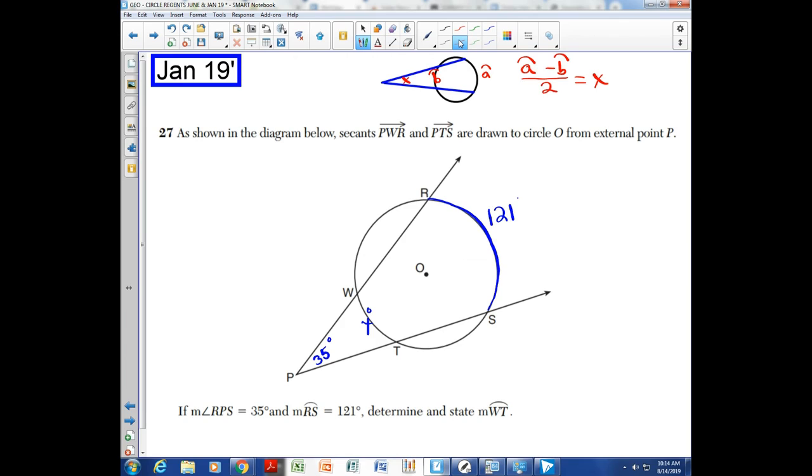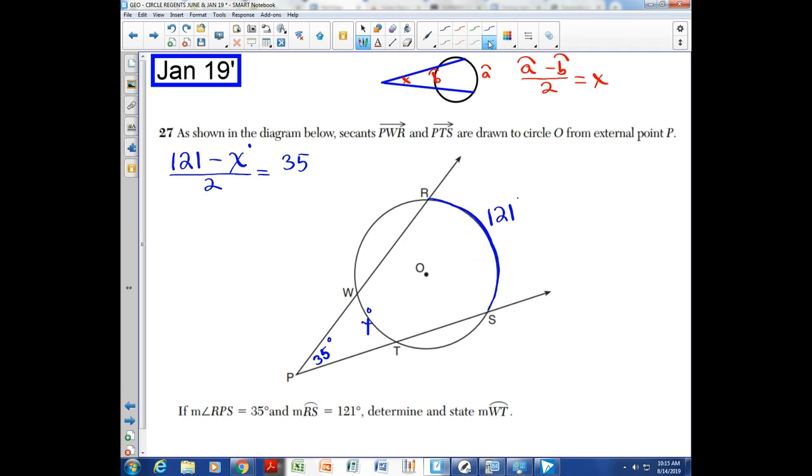All right, so I'm going to write that down here, but this time you see this is kind of like a backwards problem. So I have 121 degrees, my larger one, minus the minor smaller arc, which is my X in this case, divided by 2 is going to be equal to the angle, which is 35 degrees.